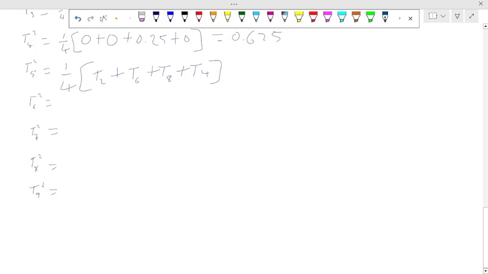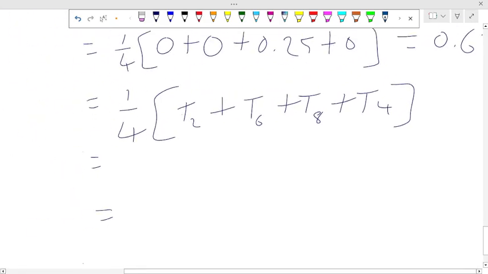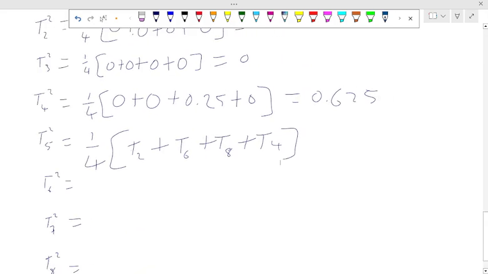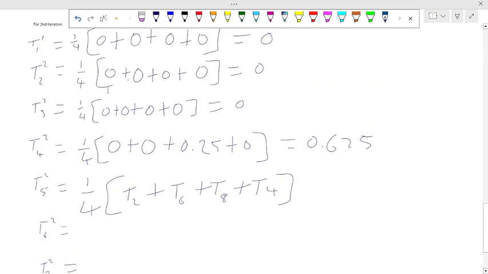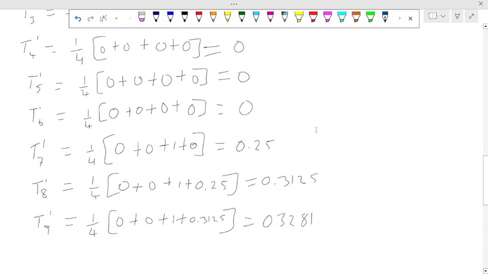2684. Okay. So now, what is the latest for T2? Here, this is the latest T2. That's 0. What is the latest T6? We don't have it here, so go back. Latest T6, also 0.